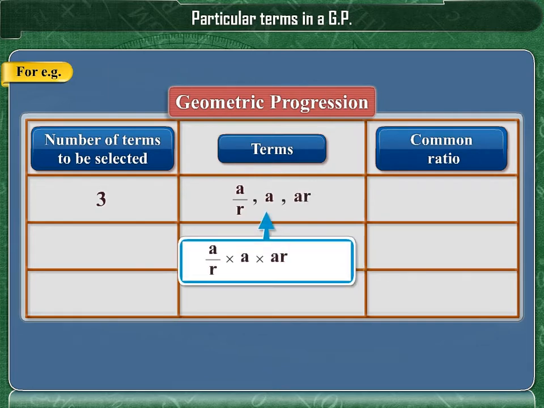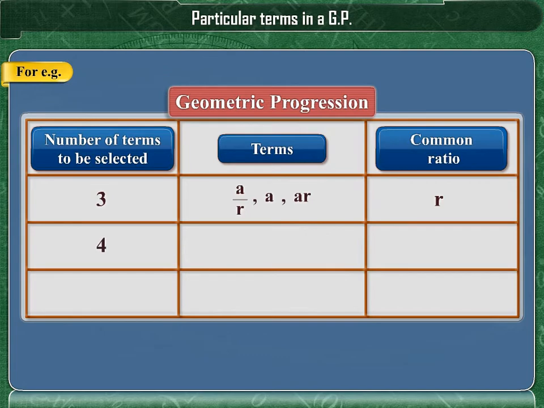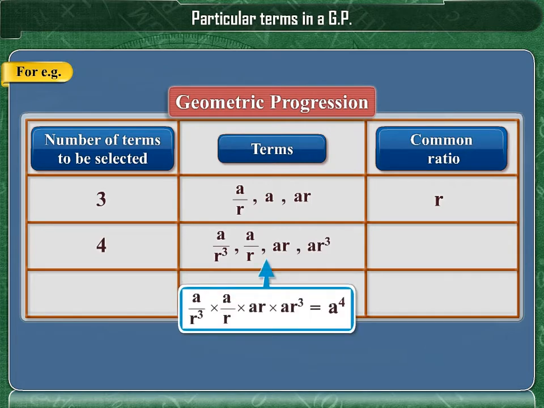Here, when we multiply these 3 terms, r will be eliminated and we can find the value of a. To find 4 consecutive terms, it can be assumed as a upon r raised to 3, a upon r, ar, ar raised to 3, so that on multiplication, r will be eliminated.